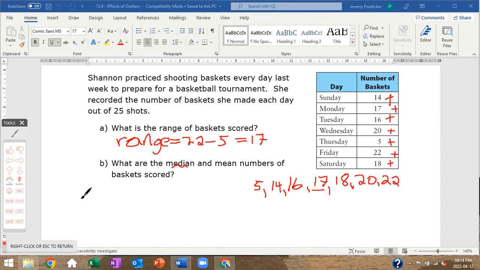Let's look at the mean. So again, mean, remember we add them all up and then divide by however many there are. So in this case, the mean is equal to 5 plus 14 plus 16 plus 17 plus 18 plus 20 plus 22. Okay, so I'm going to add them all up and then divide by, well, there's 7 days in the week, so divide by 7.